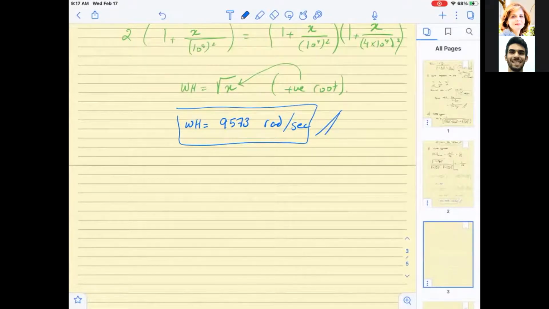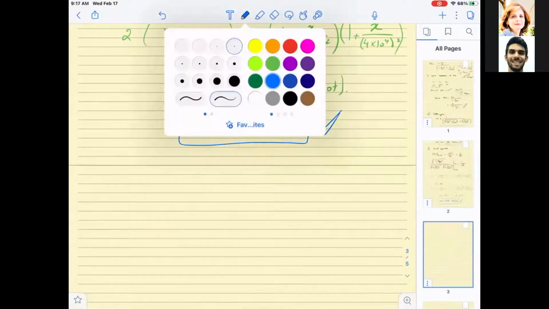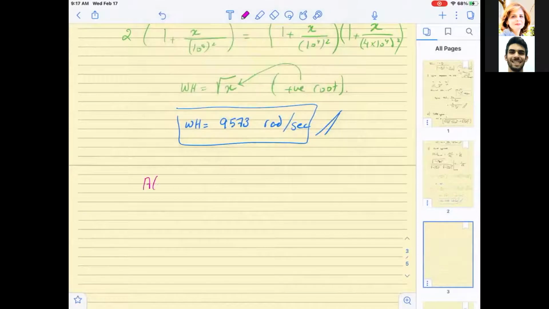Now, what we want to look into is if we have a general expression for A of s, for example, let us say A of s equals (3 times 10 to the 5 minus s) over (5 times 10 to the 4 plus s), multiplied by 10 to the 3, and this is 1 plus s over 10 to the 6.